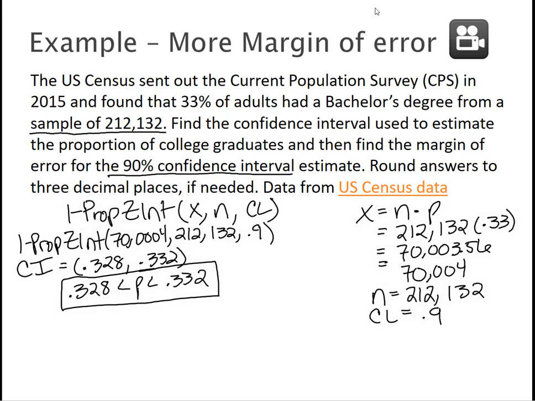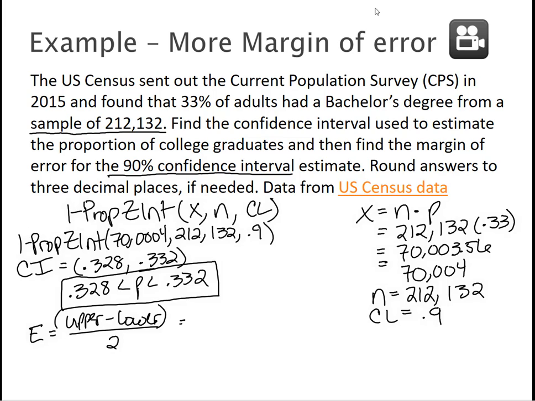The second part of my problem, just like last time, asked me to find the margin of error. So remember from the last video, we found the confidence interval and then used that to obtain the margin of error. That formula was upper minus lower over 2, and remember that numerator is inside the parentheses.